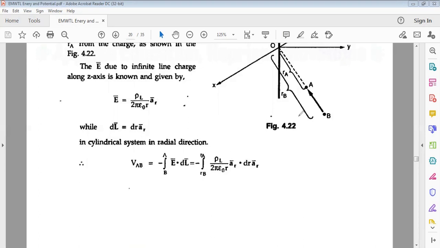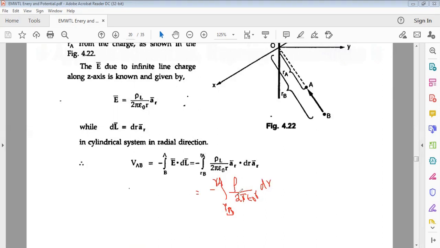At the point B the distance is RB, and at the point A the distance from the origin is RA. It becomes minus integral RB to RA of rho L by 2 pi epsilon naught R into dR.